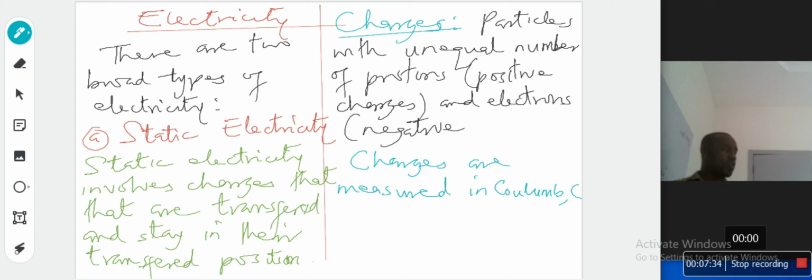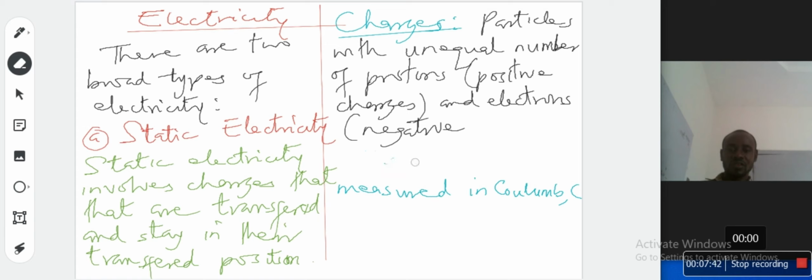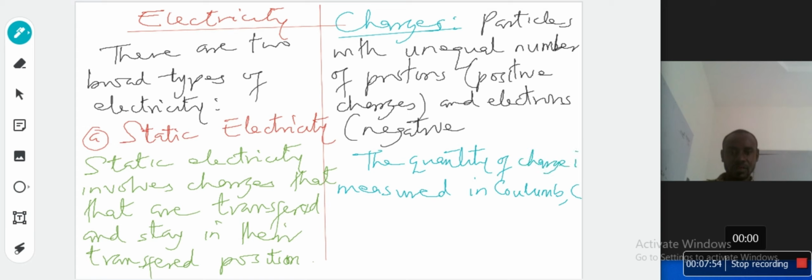Quantities of charge are measured in coulomb. Let me write it as: the quantity of charge is measured in coulomb. It could be so small that you can talk of micro coulomb, nano coulomb.